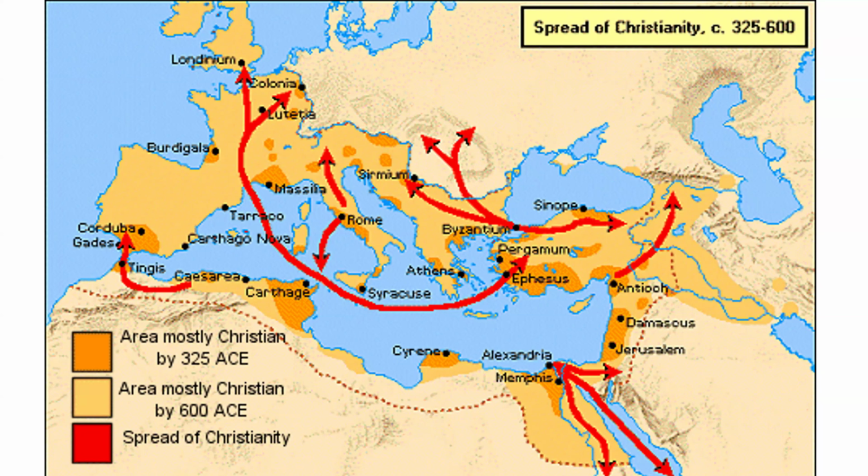And then by the 600s, just before the Muslims, you can see how Christianity became the predominant religion of basically what we think of as the ancient Roman Empire, even though the Western Roman Empire by this time had disintegrated. So these Germanic tribes that had invaded Rome became Christian, which is, by the way, part of the problem with Christianity in Europe.